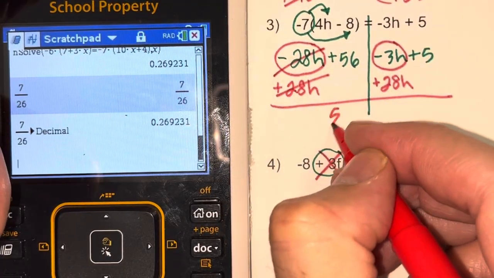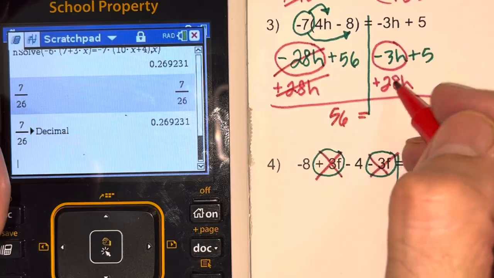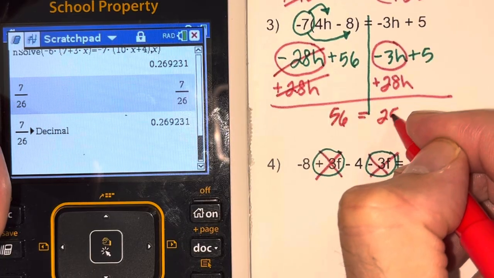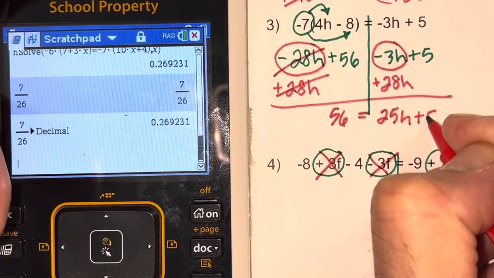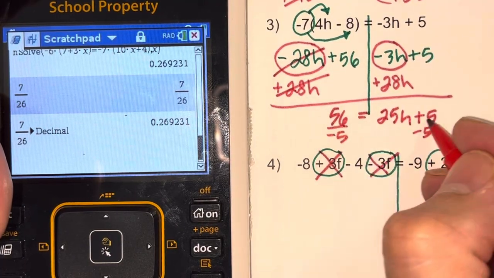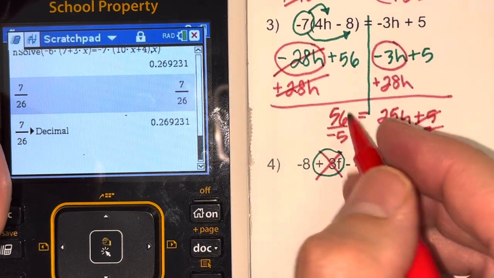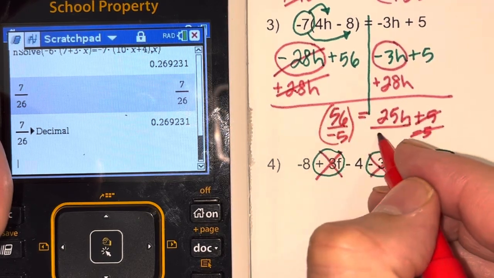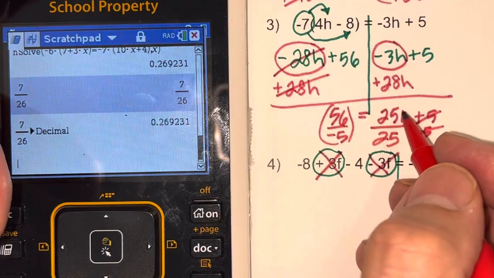So we have 56, which is equal to 28h minus 3. So we got 25h plus 5, minus 5 from both sides. And then we're going to divide that by 25.